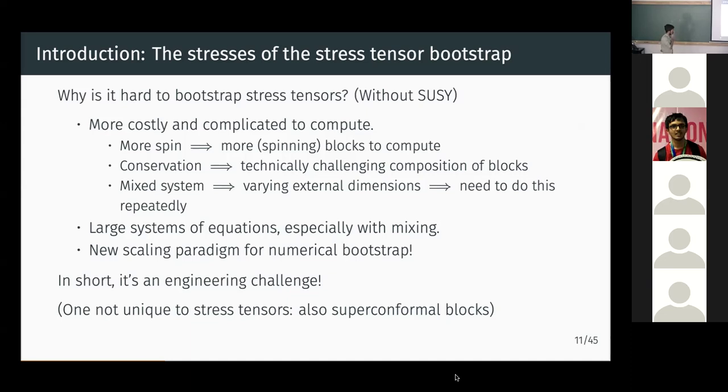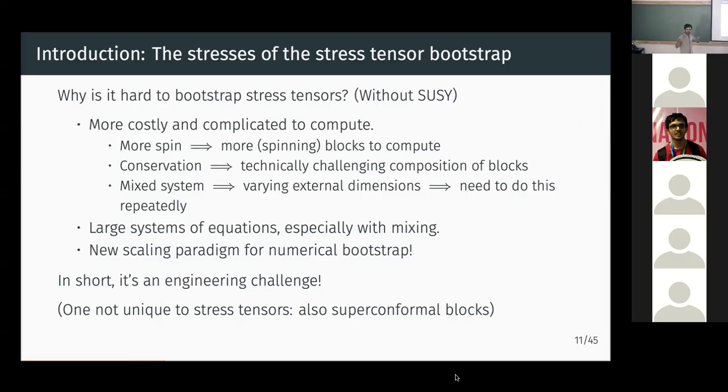Because of the spin of the stress tensor, there are a lot of invariant tensors that all need to be handled, and the stress tensor obeys conservation, so you need to look at invariant tensors that are also conserved. If you have other operators, you have to recompute the blocks every single time you do a single point of your bootstrap. So it's very, very painful to do.